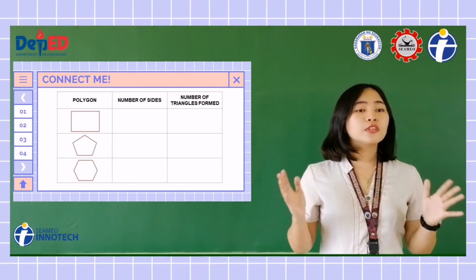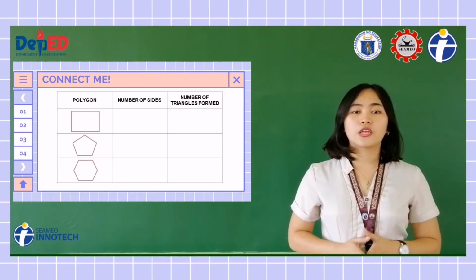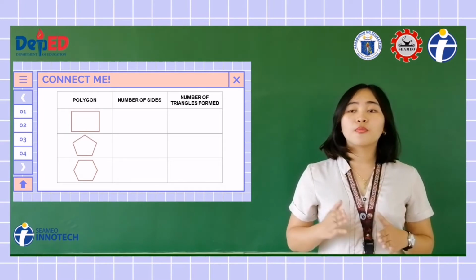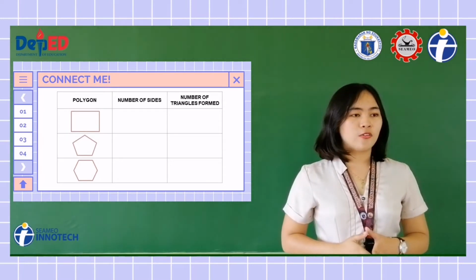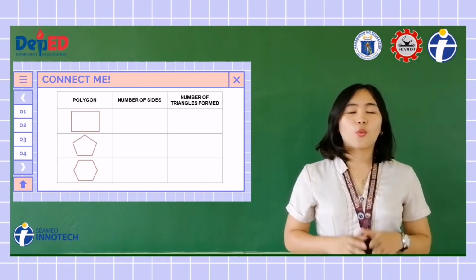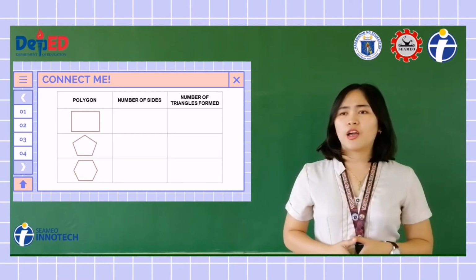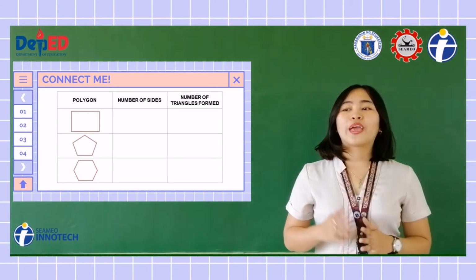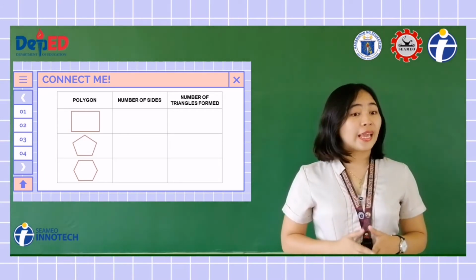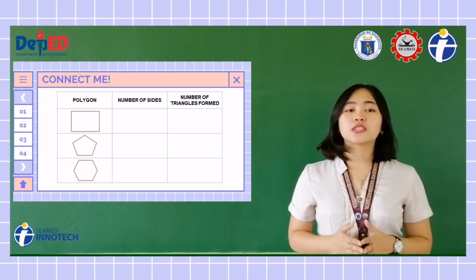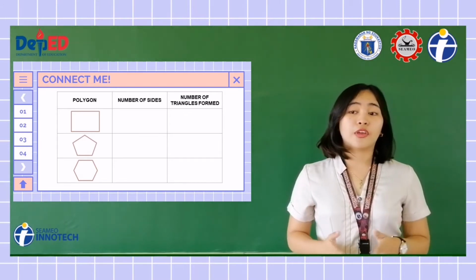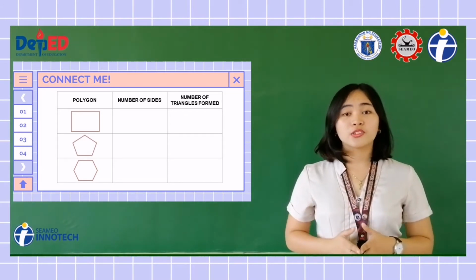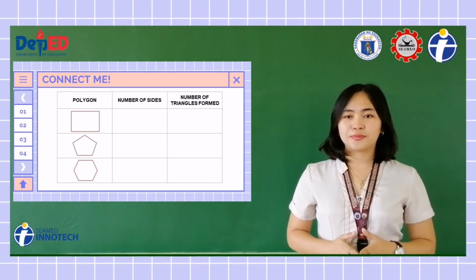Now, in our previous topic, we discussed triangles, or the sum of the interior angles of a triangle. So what is the sum of the interior angles of a triangle? Anyone? Okay, very good. 180 degrees. So the sum of the interior angles of a triangle is 180 degrees.